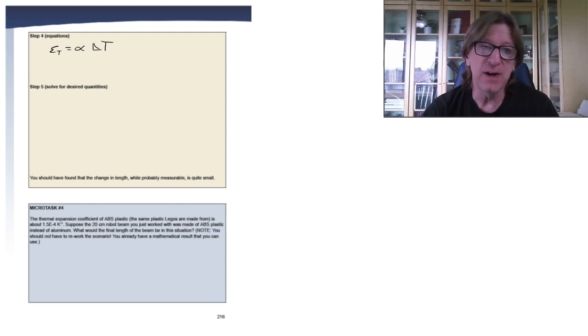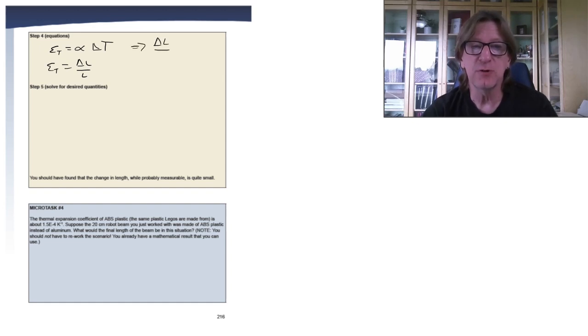I can define this as delta L over L, but it's also okay to go ahead and put it directly in this way, as long as you recognize that that's what this means. That's the important thing. But you're going to just end up substituting this in for this anyway. So if you want to start with this, that's perfectly fine.